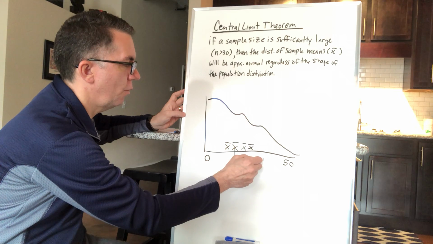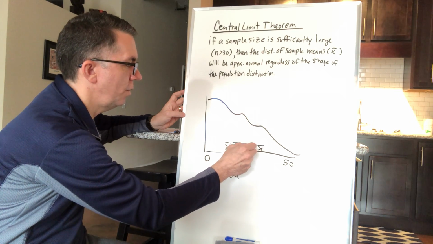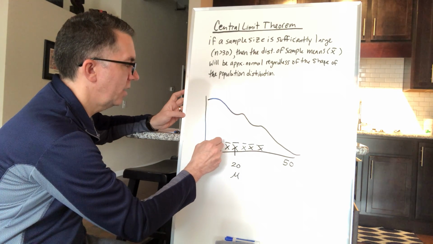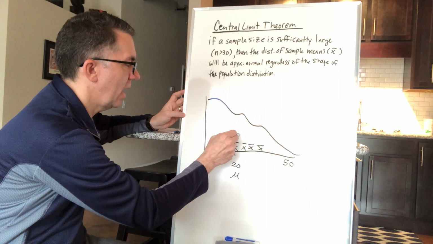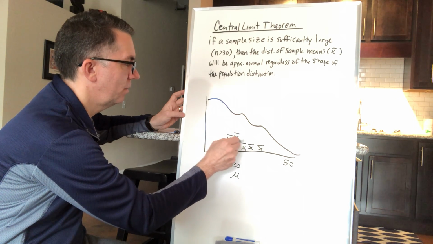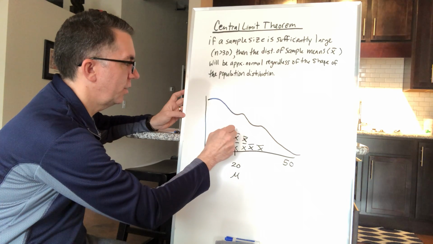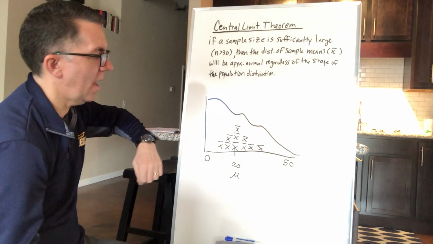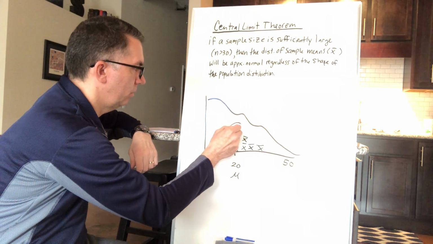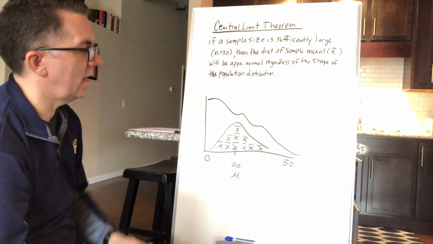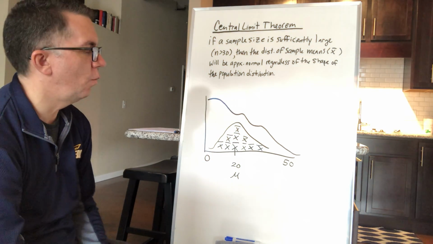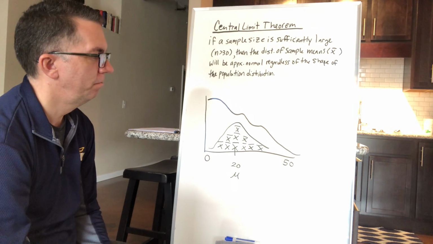I could have a 50 and a 40, and it ends up over here, but more than likely, if I stack them like a dot plot, my distribution of means is going to look approximately normal.